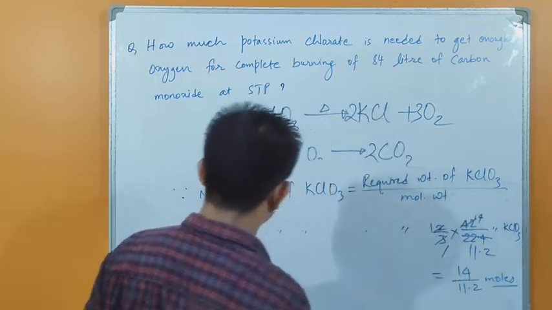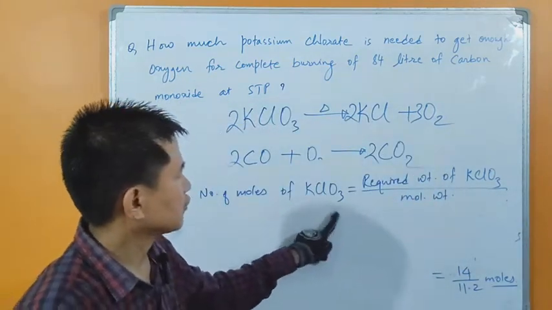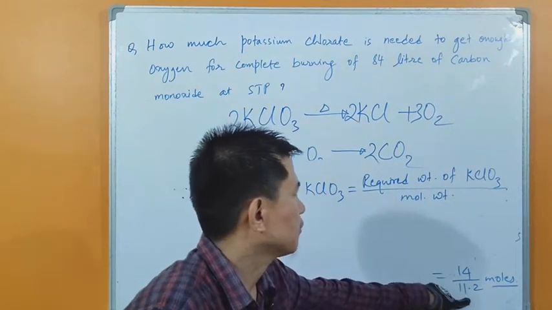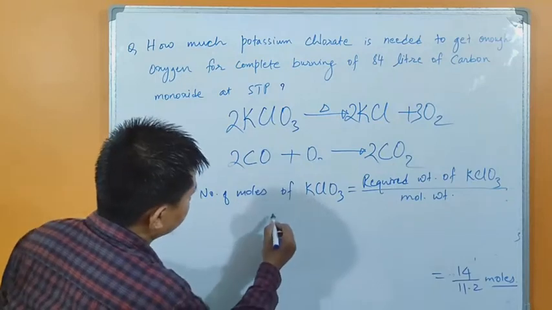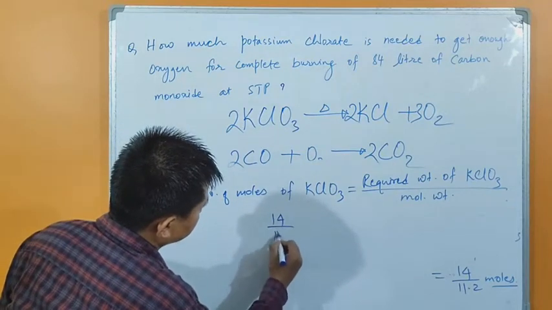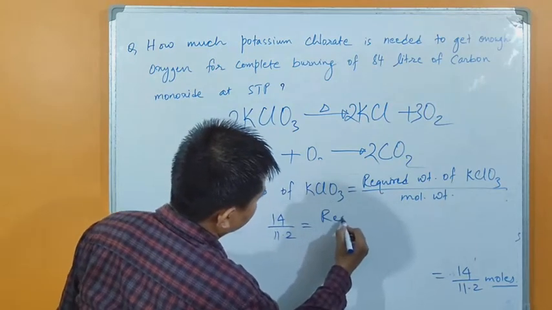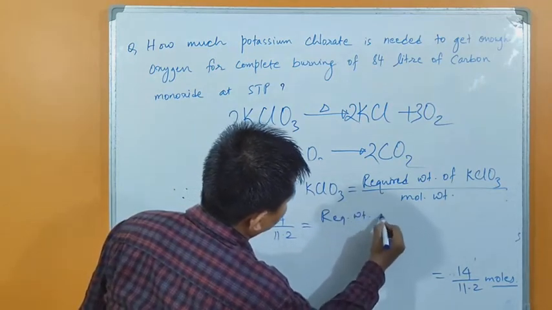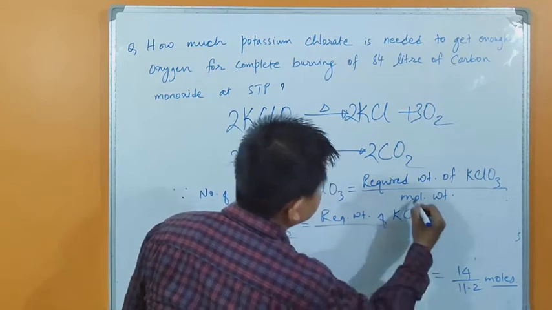Molecular weight. Now, number of moles of KClO3 is 14 upon 11.2 moles. We have found out 14 upon 11.2 equal to required weight of KClO3 divided by its molecular weight.